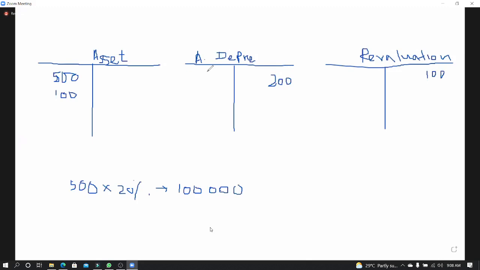So when we are revaluating, we have to compensate that amount to the valuation account. So we transfer this here. So now assessed value becomes 600,000 end of the year.